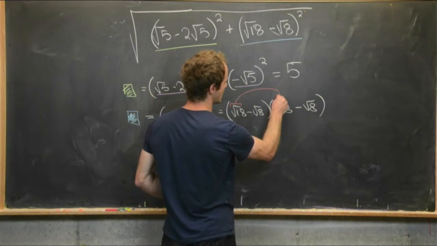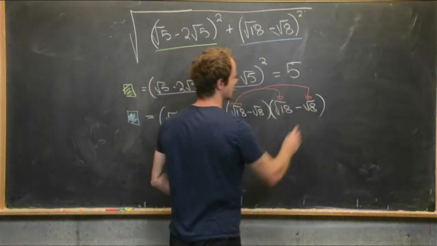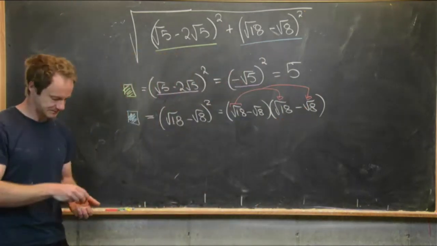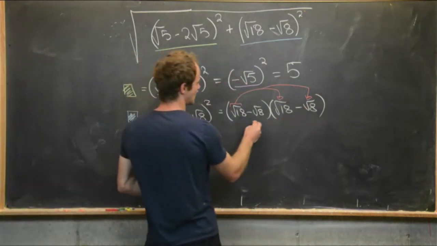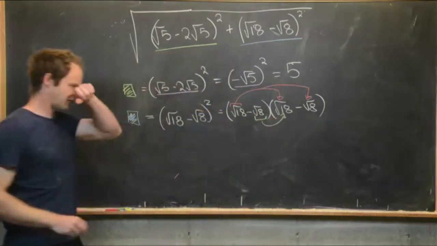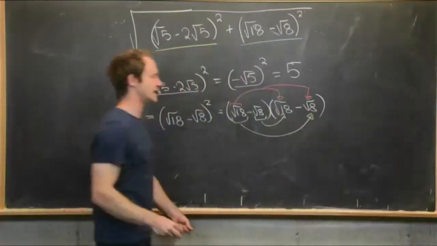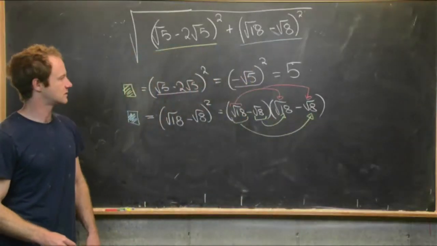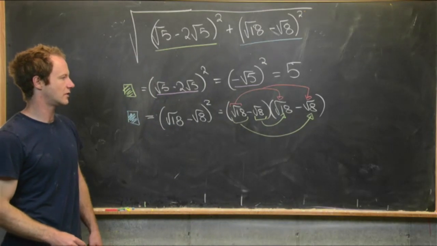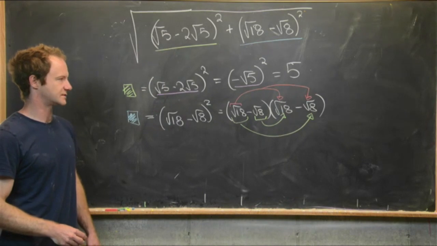So you have to do square root of 18 times square root of 18, square root of 18 times negative square root of 8, and then negative square root of 8 times square root of 18, and then square root of 8 times square root of 8 like that. So we've got to do all 4 of those multiplications.